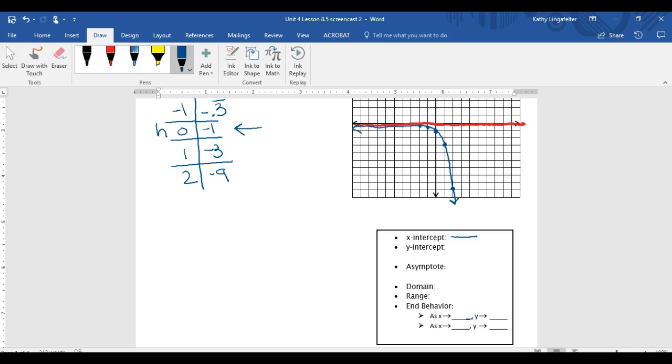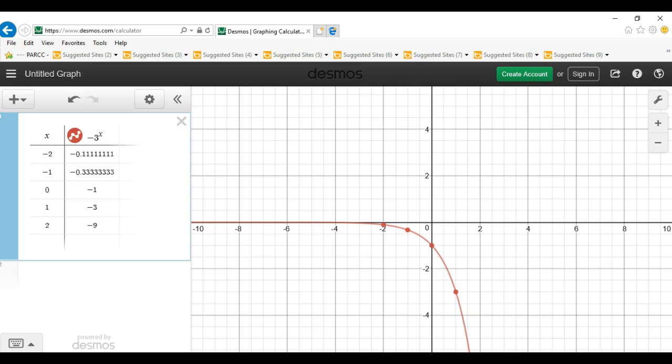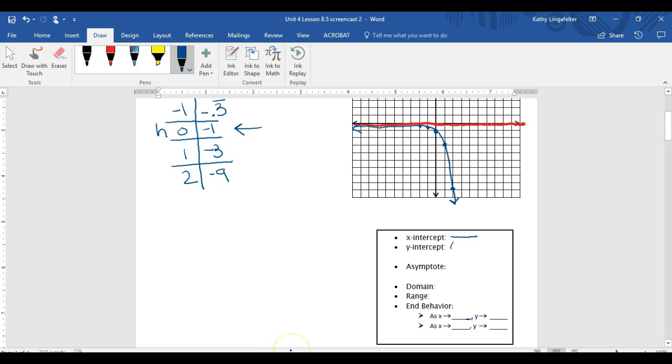It's the ordered pair where x equals 0. Or another way of seeing it, if you look at Desmos, you can hover over where the graph crosses the y-axis and you can see the y-intercept is (0, -1). So either way, the y-intercept is (0, -1).